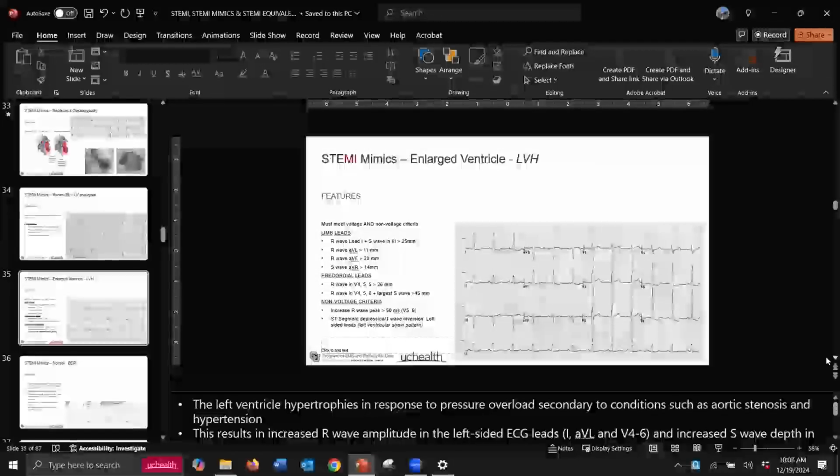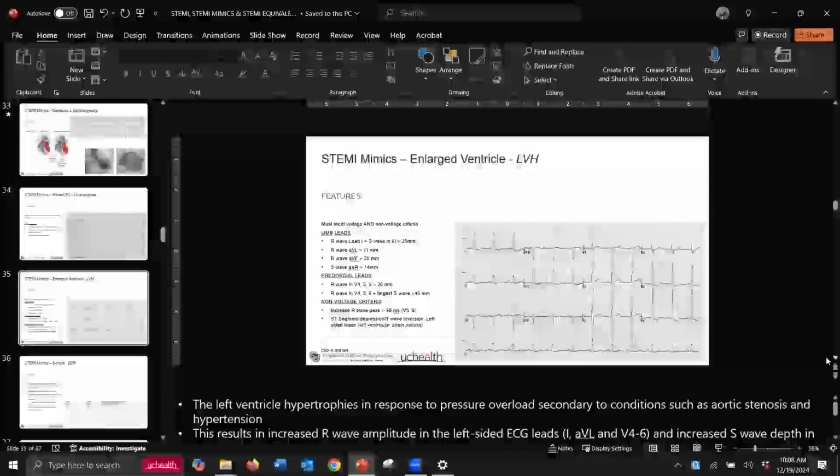Yeah, up to 35 and lead V5 and V6, correct? Close. V1 or V2, the largest R wave of V1 or V2, plus the largest R wave of V5 and V6, add them together, and if it's greater than 35, you have LVH.